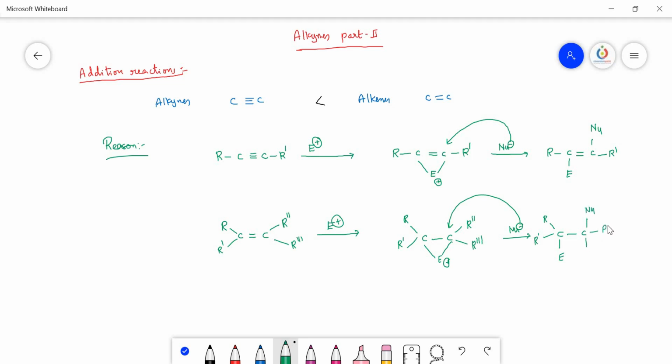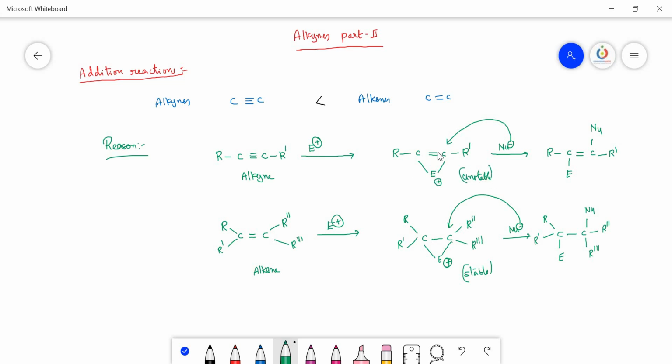So here we already have the nucleophile R double dash and R triple dash. Here an intermediate is formed, and here also one intermediate is formed. The intermediate formed in the case of the alkene is stable, and the intermediate formed in the case of the alkyne is unstable.